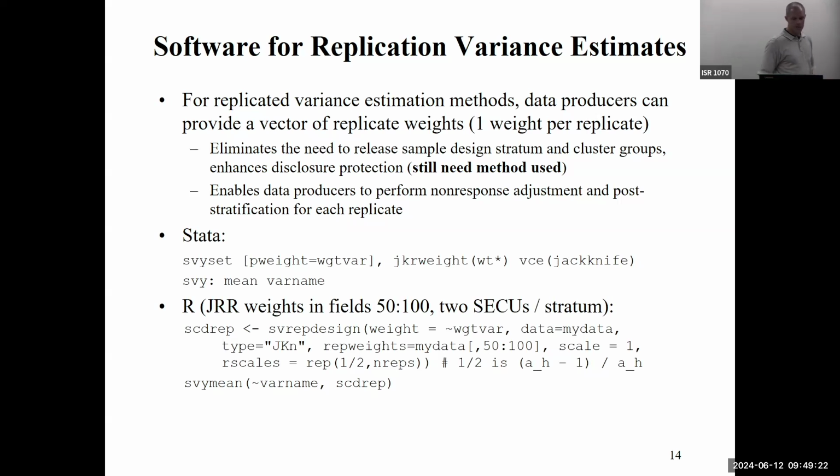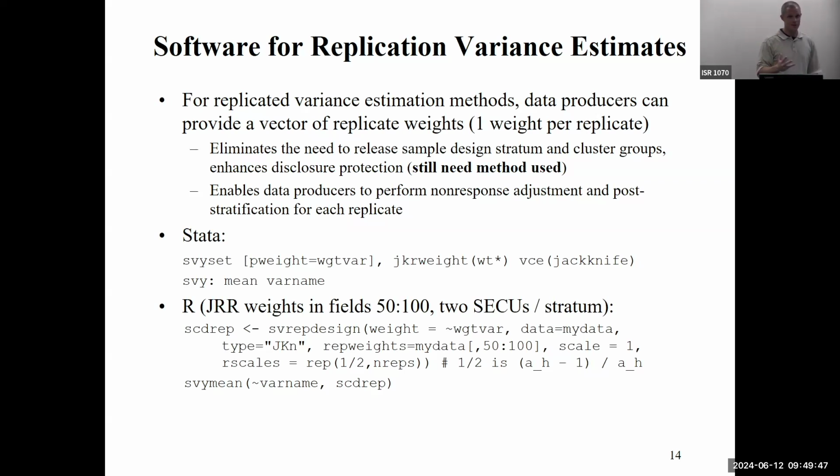After a comma, there's no stratum code. The stratum codes are missing. But we do have these replicate weights. Stata in particular makes it extremely easy to specify the replicate weights. Usually, replicate weights are going to be coded like WT1, WT2, WT3, WT4, all the way up to maybe WT100 or whatever the case may be.